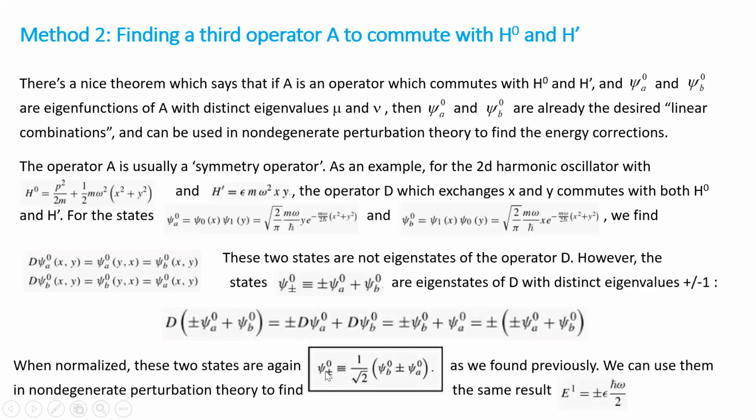Take the expectation value of psi plus with the perturbation H prime. We would get plus epsilon h bar omega over 2. Take the expectation value of psi minus with the perturbation H prime, and we get minus epsilon h bar omega over 2.